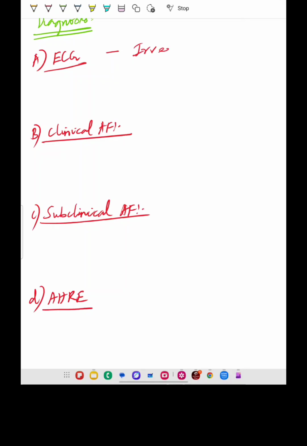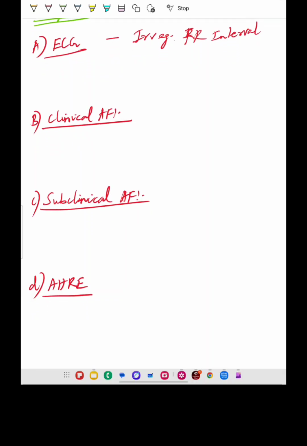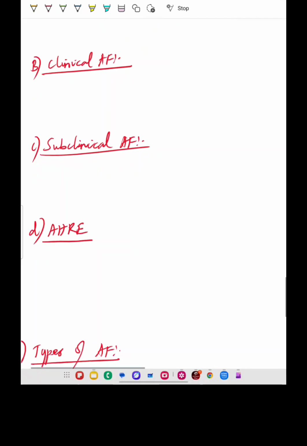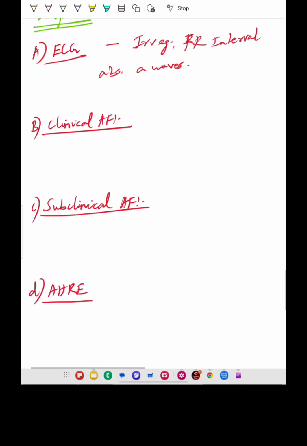You will note irregular RR interval, plus you'll have absent P waves. You won't have your distinctive P waves.